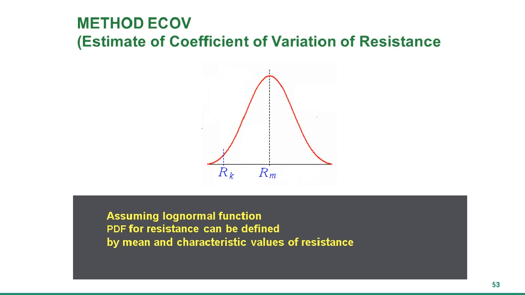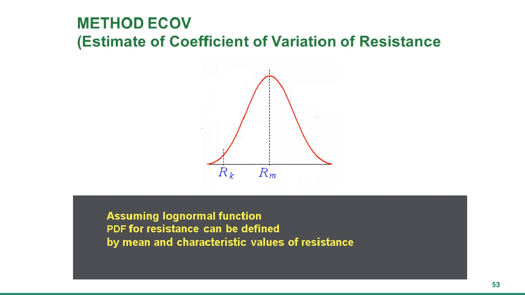So this is again a little more explanation about the ECOV method, which with quite high probability may be implemented in the new Eurocodes. With this method, we perform two analyses. In one analysis, we use mean average material parameters. In another analysis, we use the characteristic material parameters.